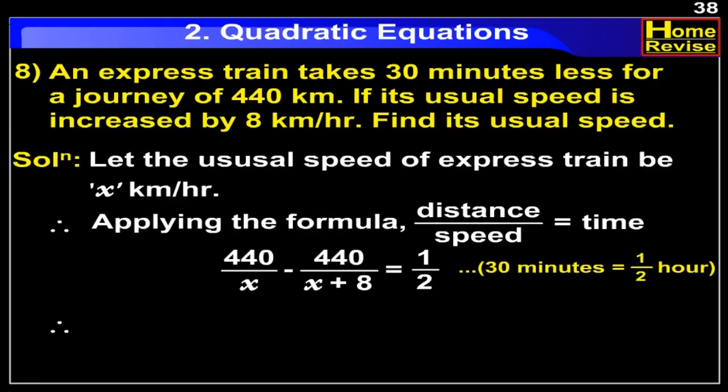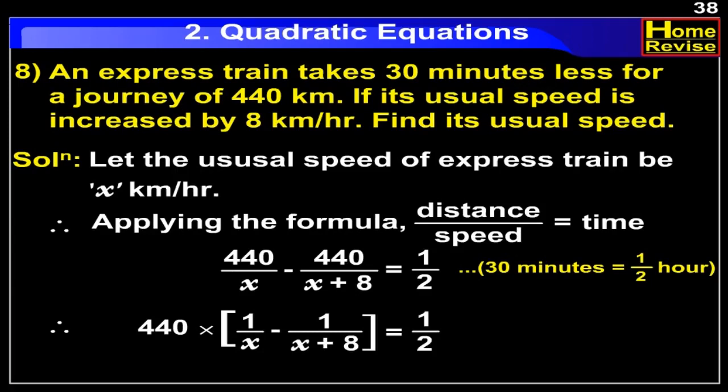Therefore, taking out 440 common, we have 440 into, in square bracket, 1 upon x minus 1 upon x plus 8 is equal to 1 upon 2.